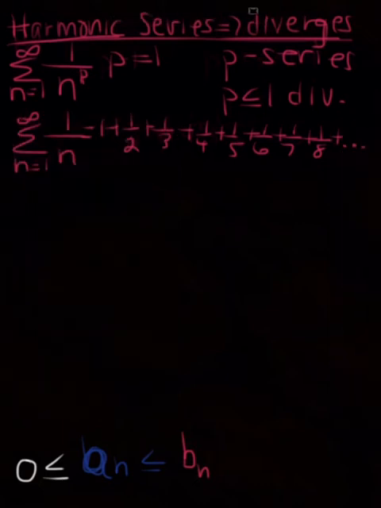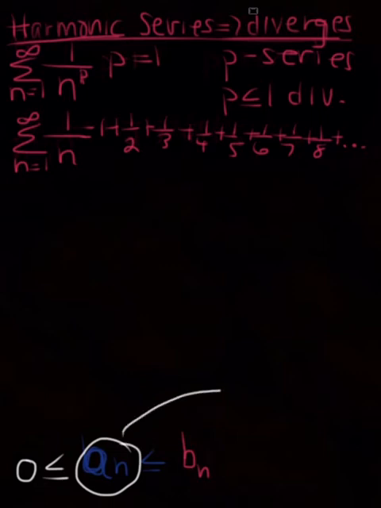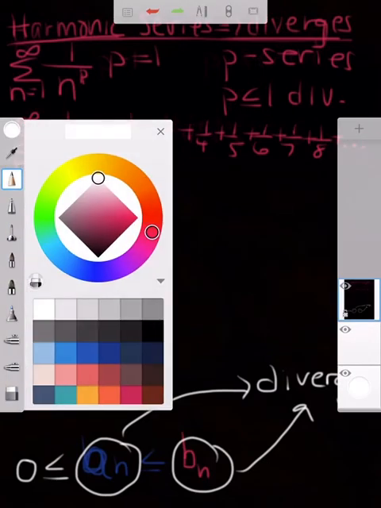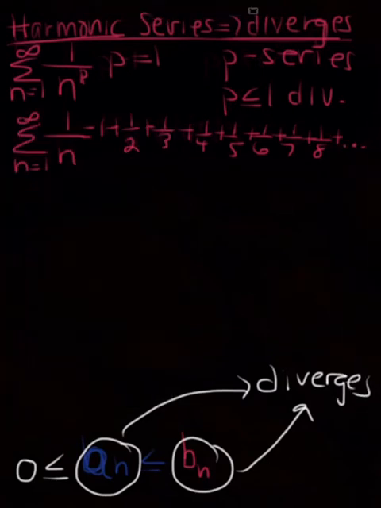Essentially, for this direct comparison test, if we can prove that the smaller series diverges, that means that the bigger series, the harmonic series, also has to diverge, which is what we want to show. So now we have to come up with some series b sub n, where all the terms are less than or equal to the terms of the harmonic series, and we have to prove that this series diverges.